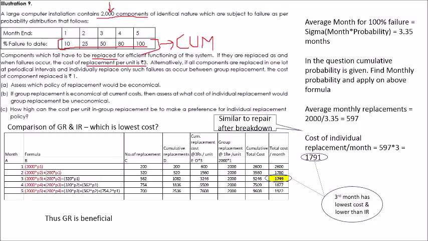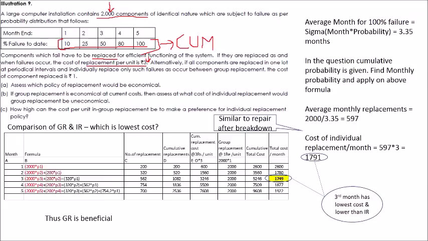I spend rupees 3 for each replacement, and this is called individual replacement. So what is individual replacement? Whenever there is a failure, I pull the failed component out and fix a new component. To buy the new component from the vendor, I spend 3 rupees.